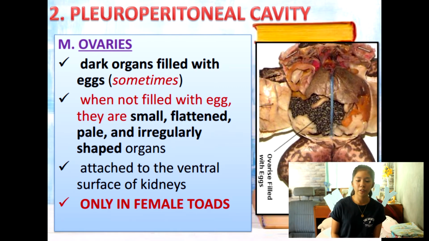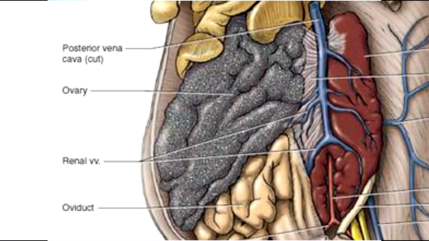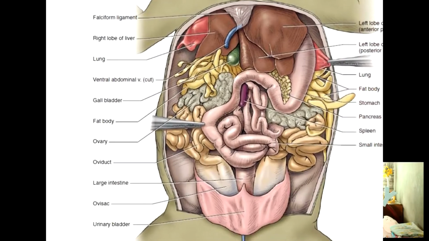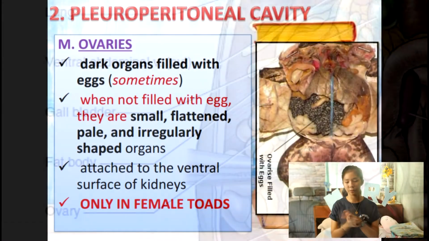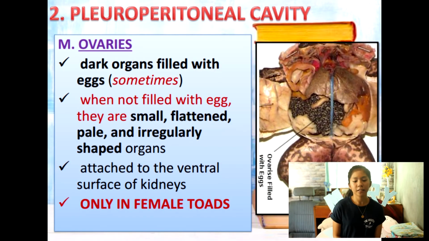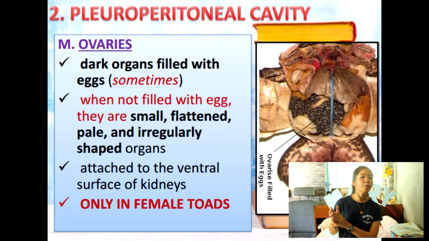If it is filled with eggs, it darkens. If there are no eggs, it is small, flattened, pale and irregularly shaped, like when the frog has not yet produced eggs. It is attached to the ventral surface of the kidney. So it has the same position as the testis in males, but in females it is the ovaries.